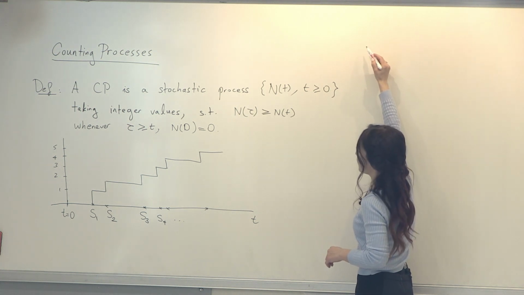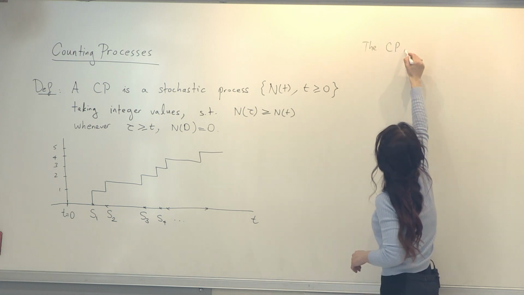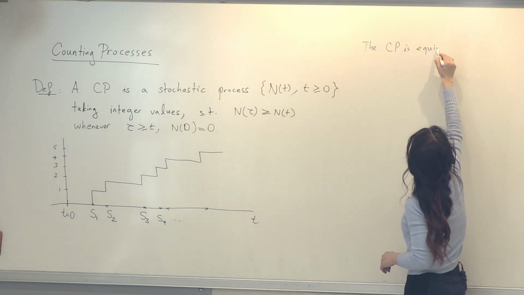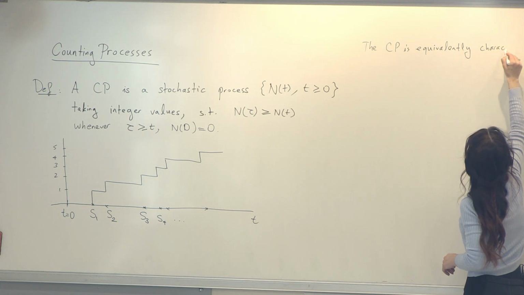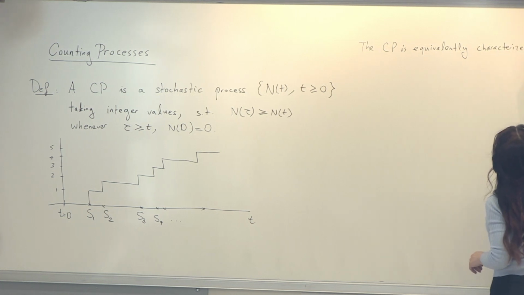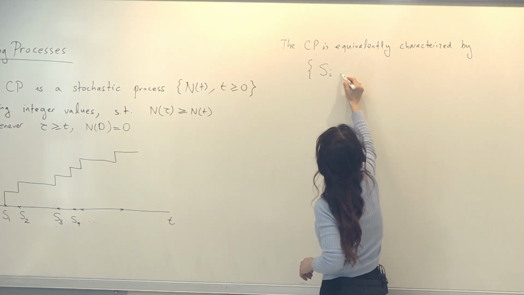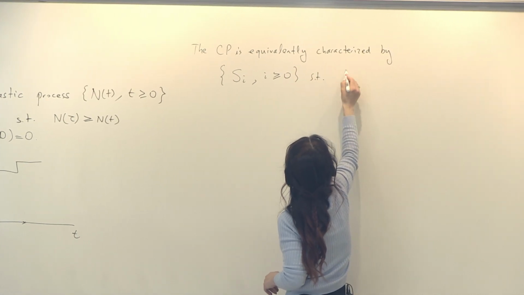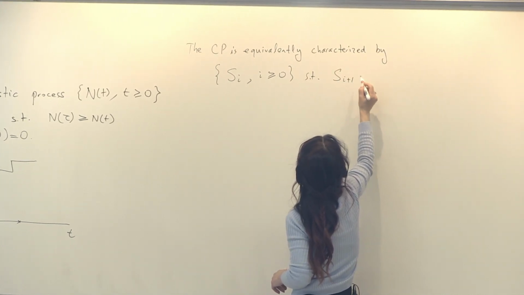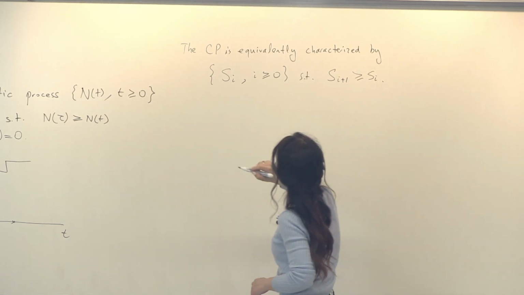So let's do that. Basically, the counting process is equivalently characterized by the sequence Si, i greater or equal to 0, such that Si plus 1 is greater or equal to Si.